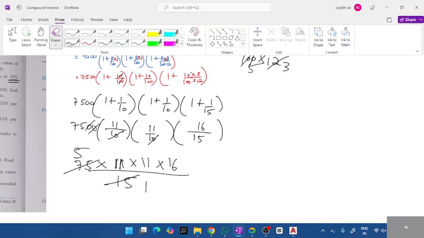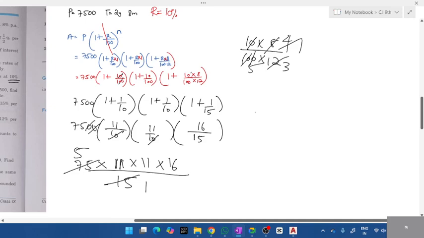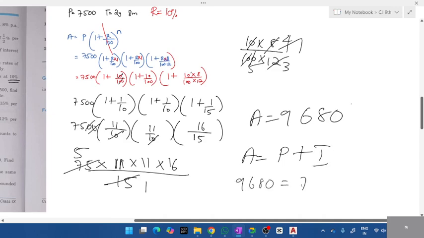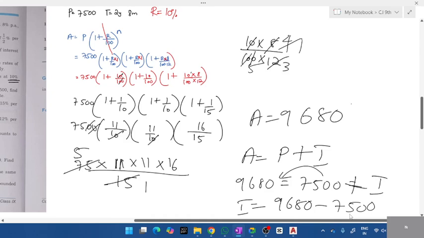Okay, if the amount is 9680, what is the principal? What is the interest? What is interest, students? How do you calculate interest? Amount is equal to P plus I. So 9680 is equal to P plus I. What is the interest? This 7500 gets subtracted. 9680 minus 7500.